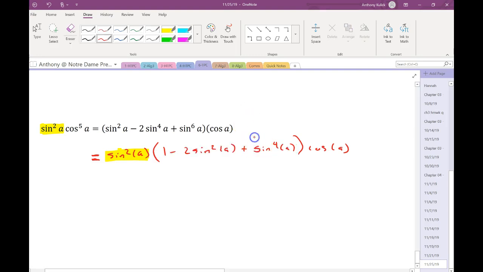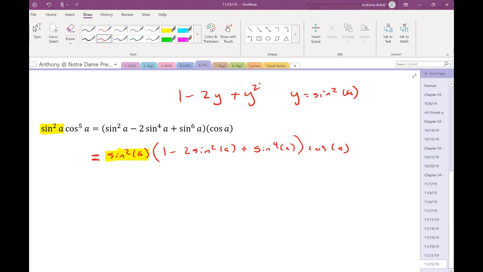You want a hint as the easy way to handle this? That part in green factors. Imagine if I look at it as 1 minus 2y plus y squared. That looks like something that's factorable, right?